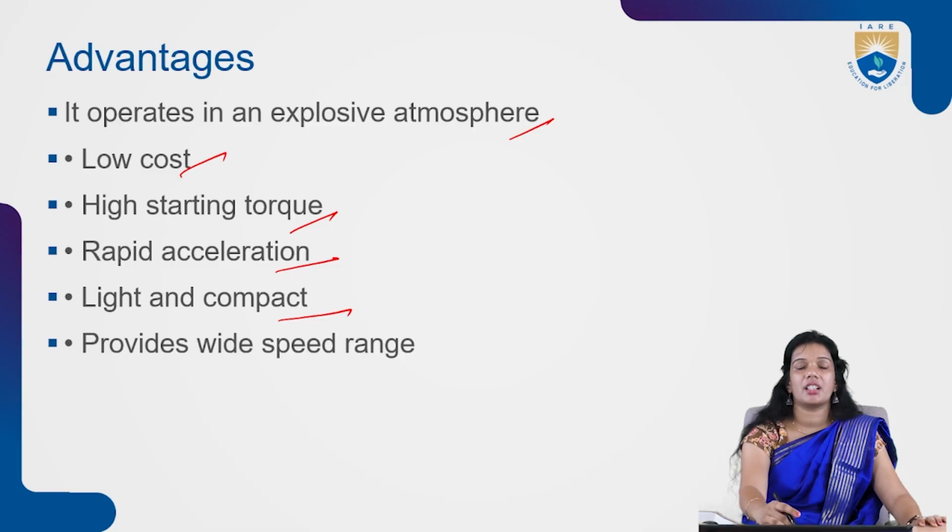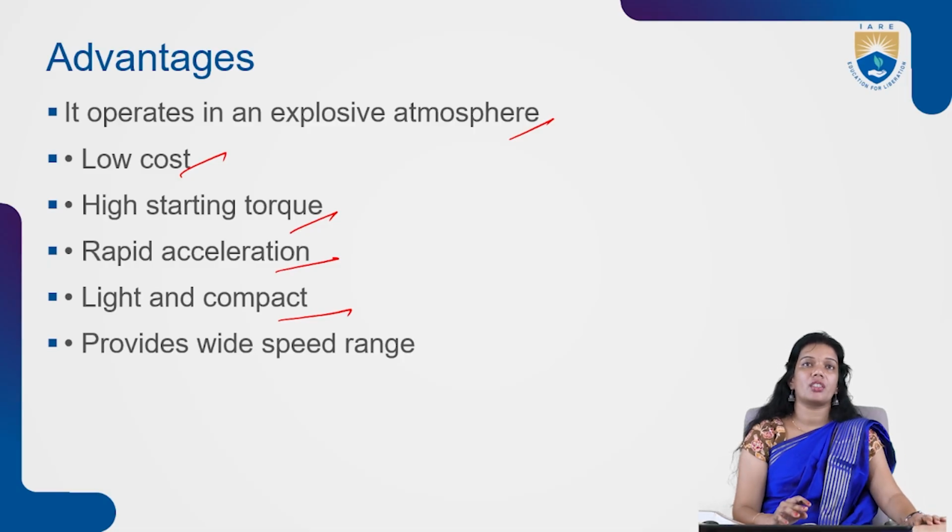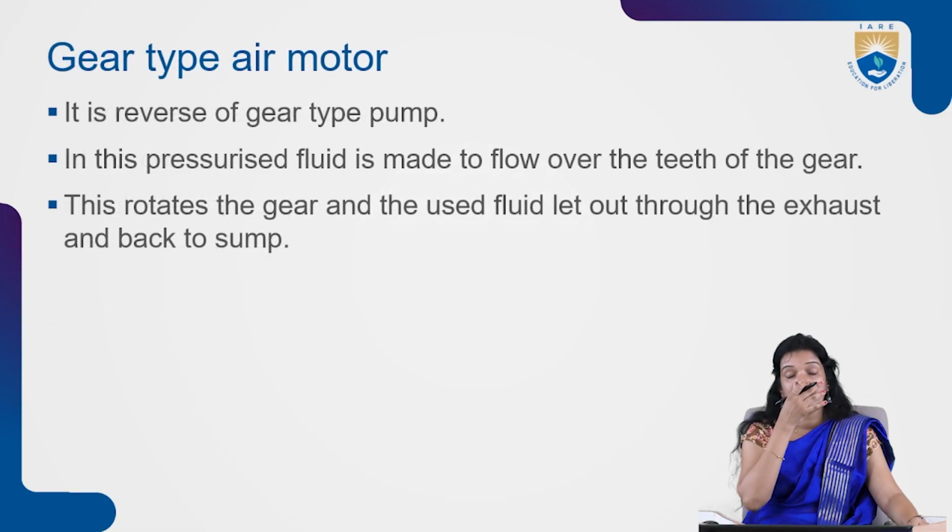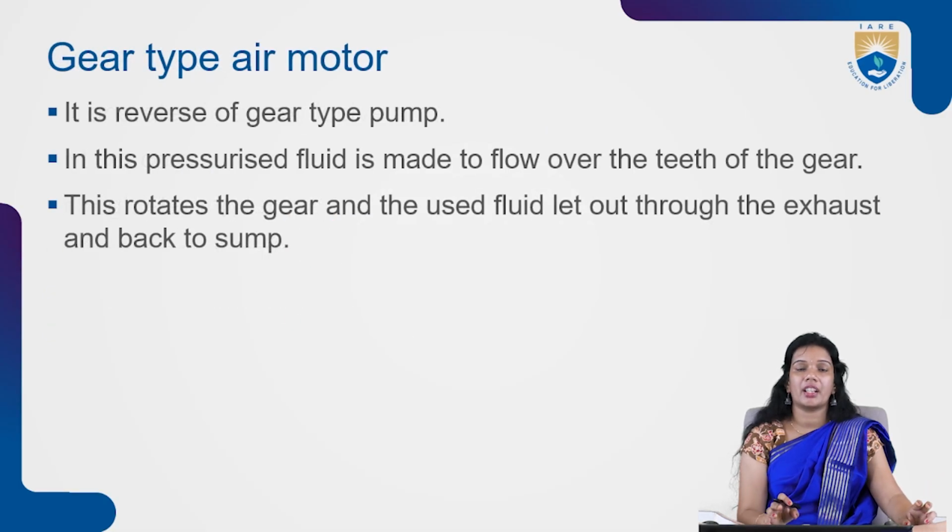So you can operate it in different categories of atmosphere, including explosive ones. That is about the sliding vane type of air motor, which is normally used in industries.